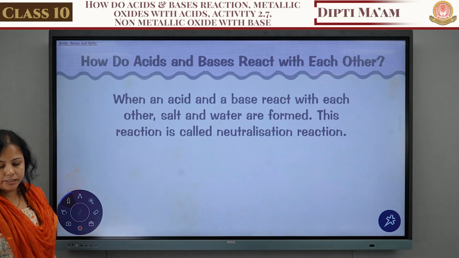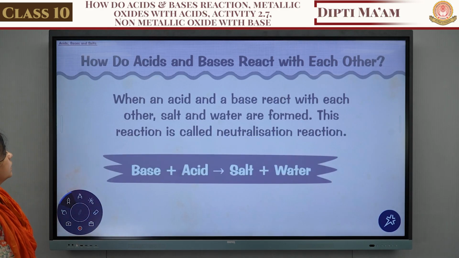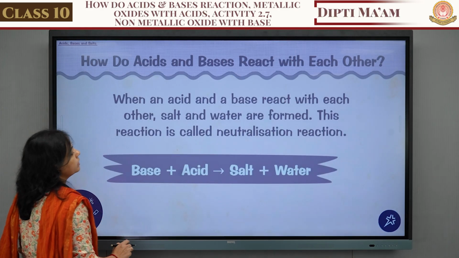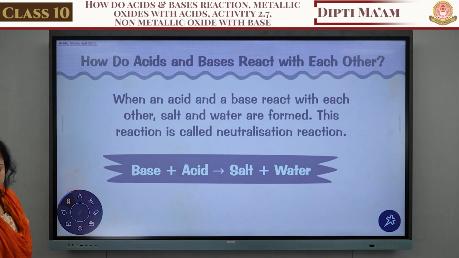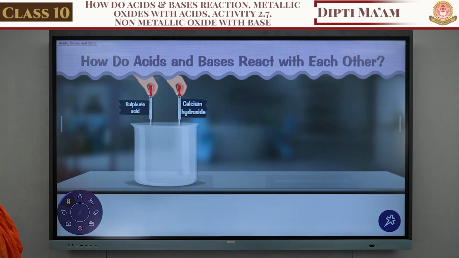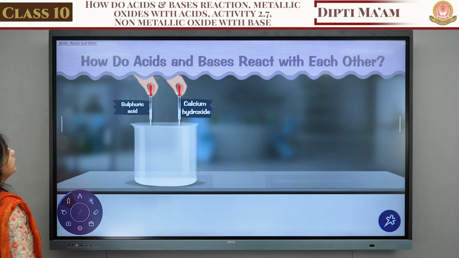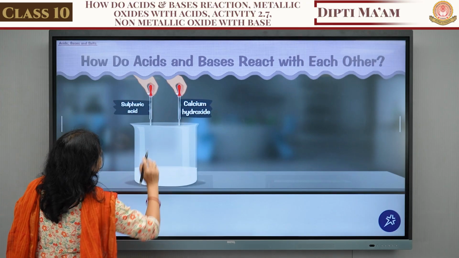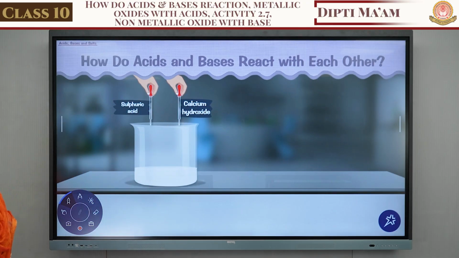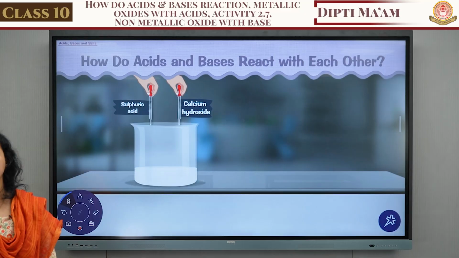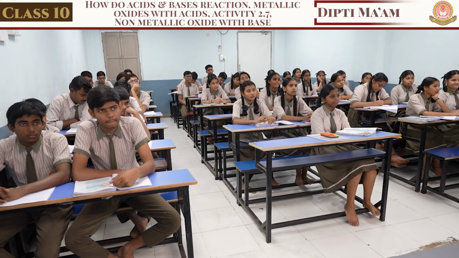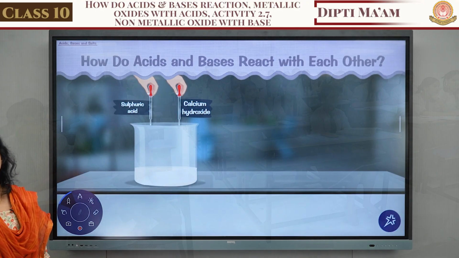Now the next thing is simple: any acid reacting with a base, the general reaction gives salt and water molecule. For example, here take as an acid sulfuric acid, as a base calcium hydroxide. What is the formula of sulfuric acid? H2SO4. What is the formula of calcium hydroxide?